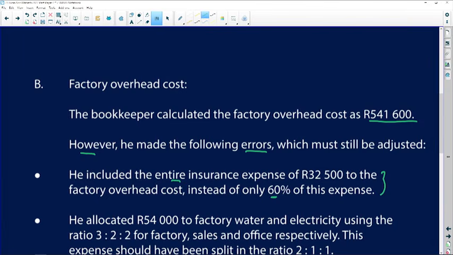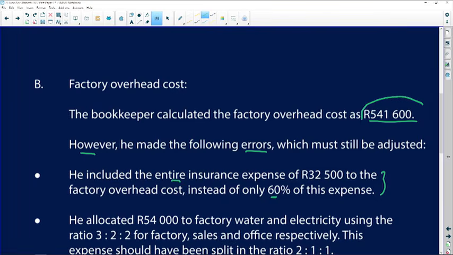Clearly he made a mistake, and we now need to fix this. Included in my total is the entire amount of 32,500. So immediately I've got to take it out: 32,500 needs to be subtracted.